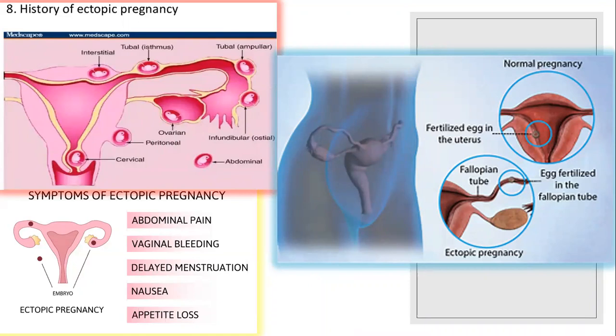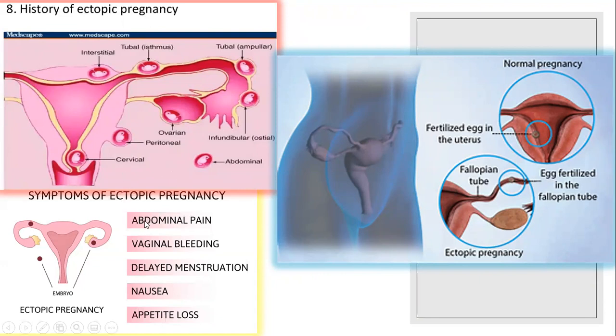So ectopic pregnancy is a condition where the fertilized egg attaches outside the uterus, and if untreated, it may lead to life-threatening bleeding. So what are the symptoms of ectopic pregnancy?